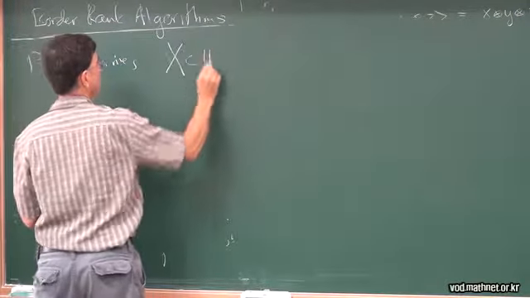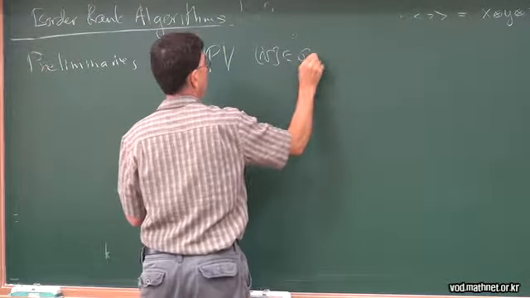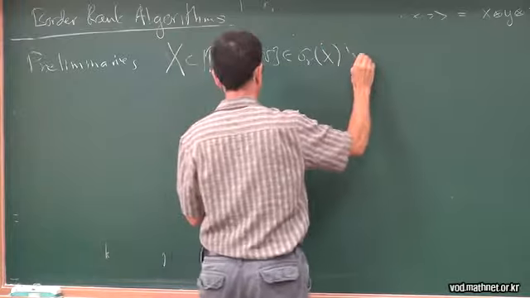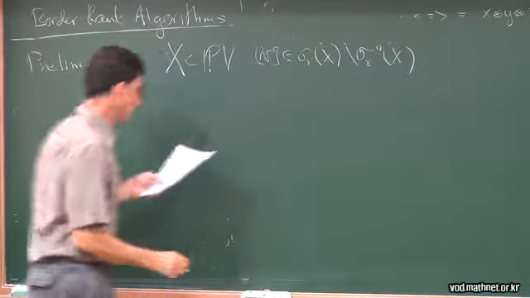So we have some projective variety. We have some point that's on the Rth secant variety, but is not on an honest R secant plane.